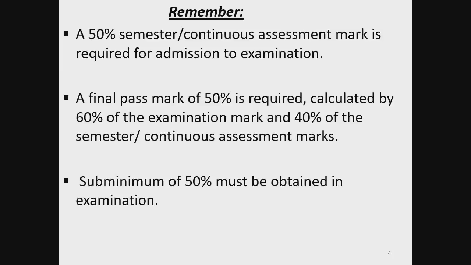A final pass mark of 50% is required, calculated by 60% of the examination mark and 40% of the semester continuous assessment marks. A minimum of 50% must be obtained in the examination.